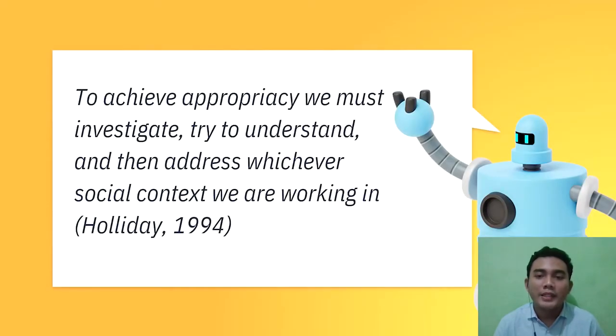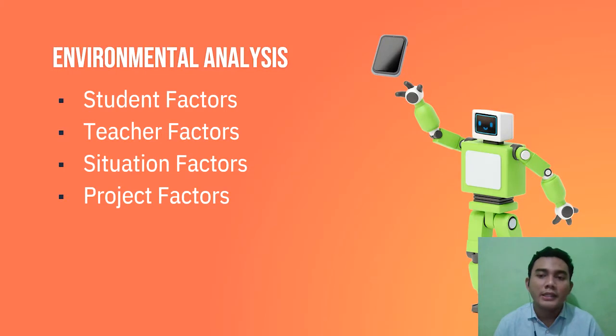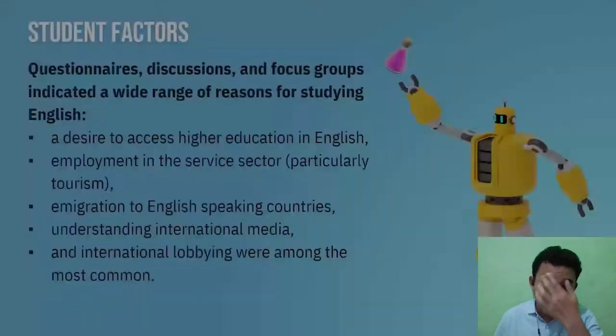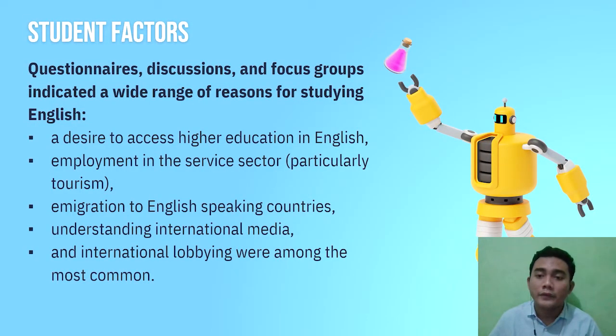After this, we will discuss environmental analysis, which consists of four factors: students, teachers, situation, and project. The first is student analysis, the environmental analysis based on the student factor. Using questionnaires, discussions, and focus groups indicated a wide range of reasons for studying English.